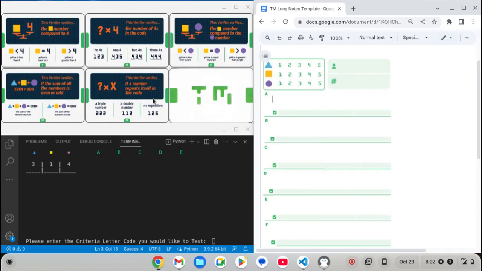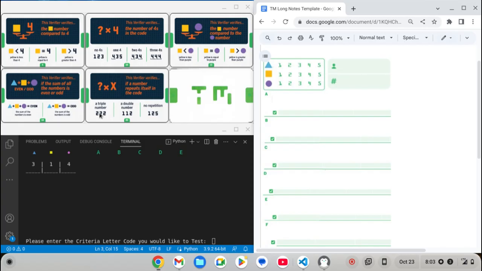The first one being that the solution has no repetitions, meaning that all the digits are unique, as in the example 125, or the Turing Machine could let us know that we have a double number, where there's a single digit repeated, as in the example 112, or alternatively, it could be a triple number, a single digit repeated 3 times, as in the example 222.